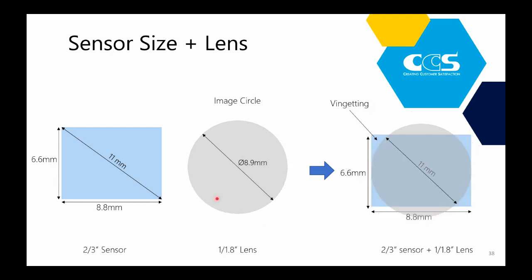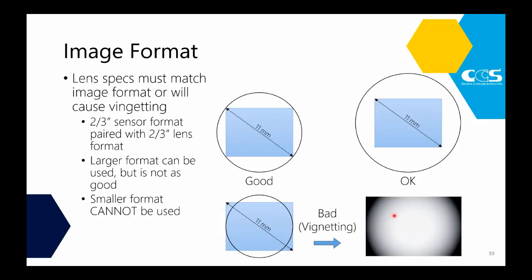If we pick an image circle that is, for example, 1/1.8 inches, that's too small. When we overlay them, only the area within my image circle is going to get light. All of these corners are not going to get any light, so they're going to appear dark. So you can see here, I have a small image circle and a larger sensor size, and you can see exactly where that image circle is in my picture.